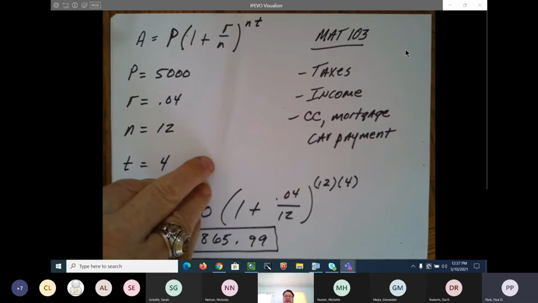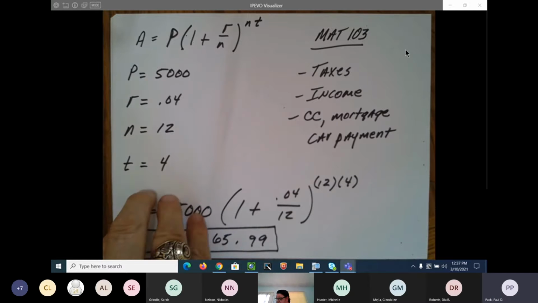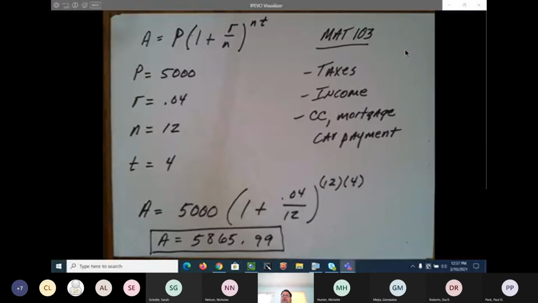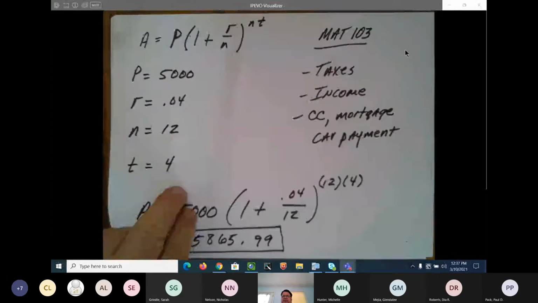I bet y'all didn't know that, did you? Same thing with insurance companies. What do you think the insurance companies do with those premiums? They invest it. Right. I bet there's somebody in here that didn't know that.